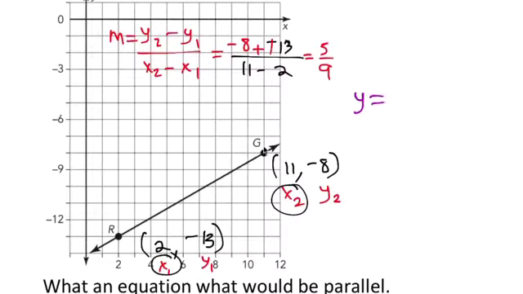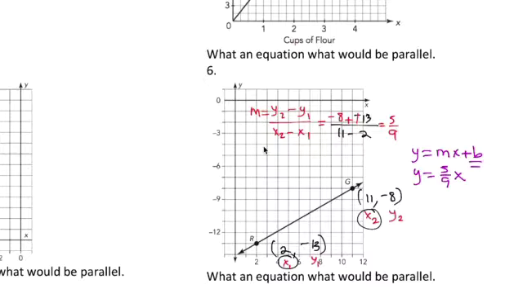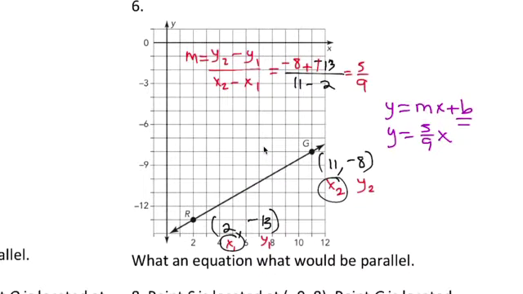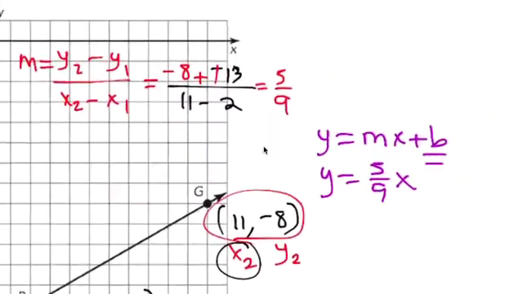So your equation is y equals mx plus b. Y equals, we got m, 5 over 9x. We need to find b, and to find b, we use that formula. I'll just use this one, it doesn't matter.